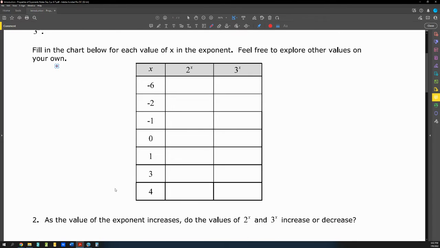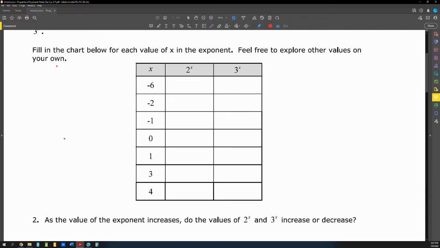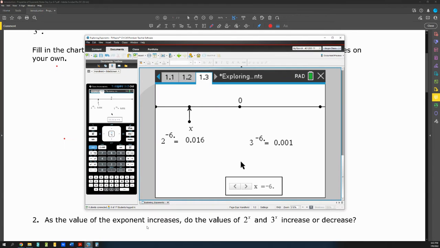So beginning with x equals -6, I'm going to click the slider all the way to x equals -6 and record these values. 2 to the -6 is approximately equal to 0.016, and 3 to the -6 is approximately equal to 0.001. So let's go ahead and fill in our table. Let's go ahead and evaluate for x equals -2.